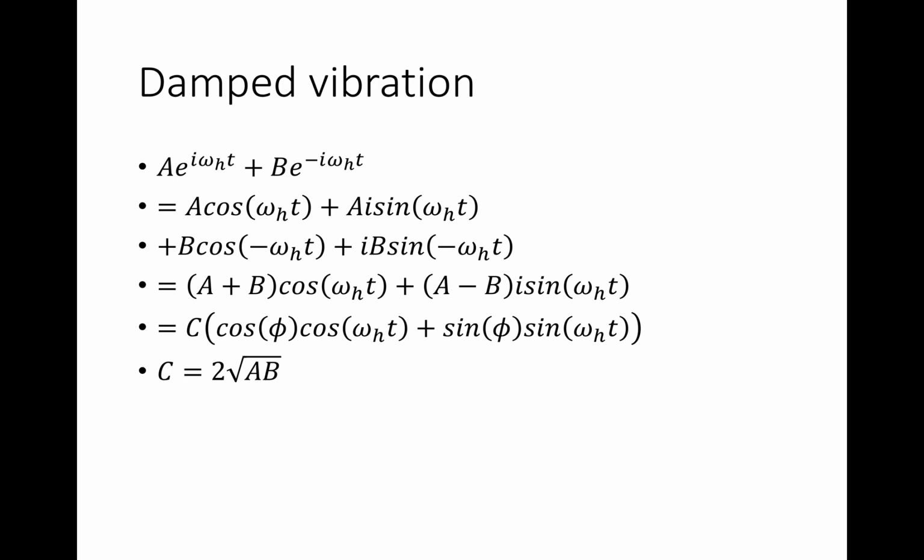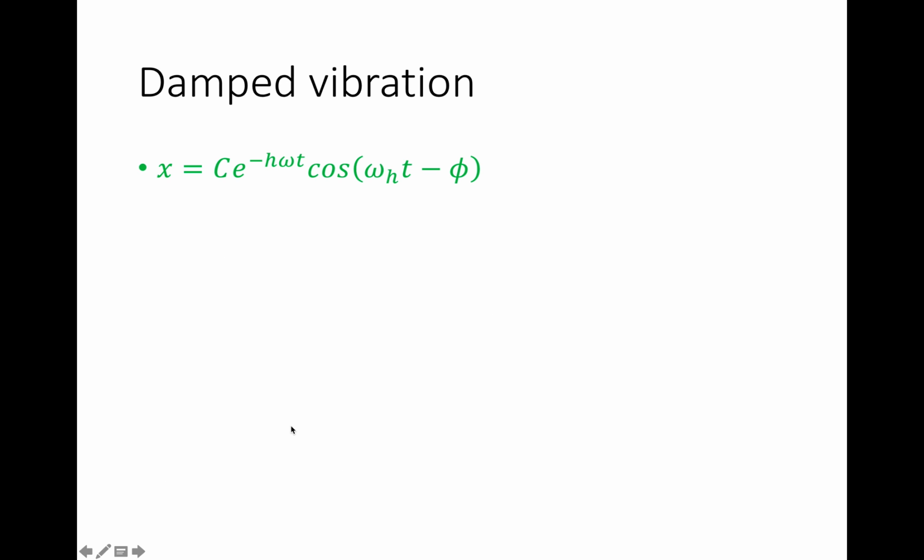Put the C out, and cosine phi and sine phi, with a definition like this. As a final resolution, we get x equals C times e to the minus h omega t multiplied by cosine of omega_h t minus phi.